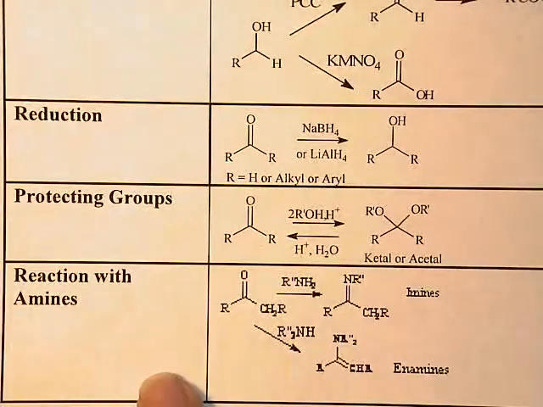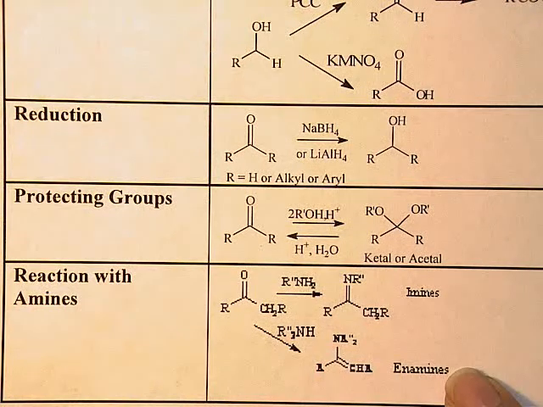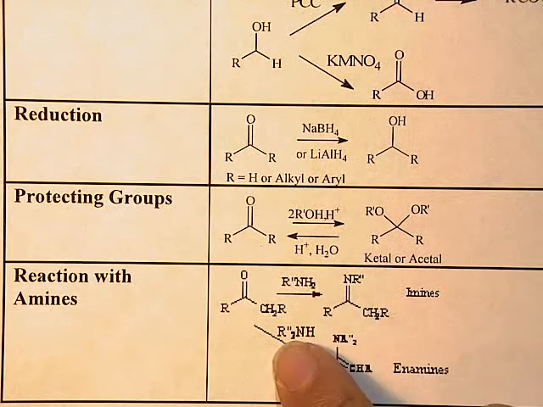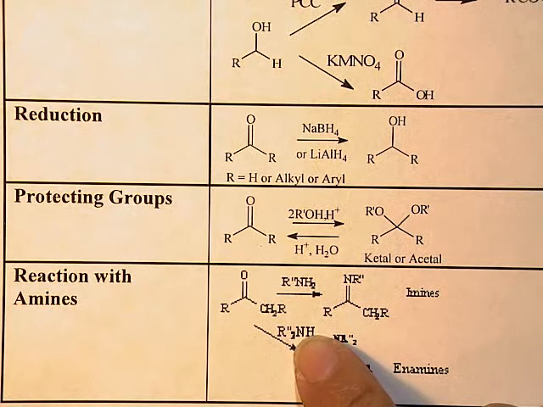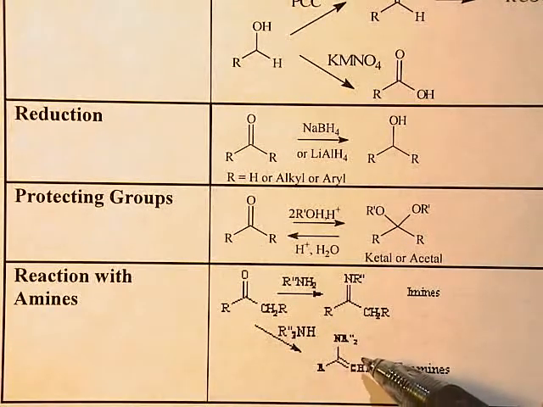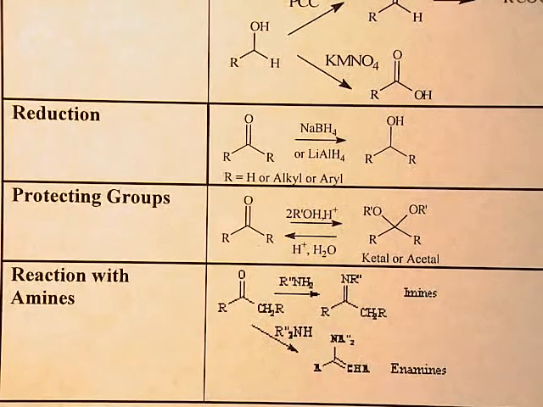And then the reaction with amines, you either get imine or enamine, depending on whether you are primary, which is indicated by RNH2, versus secondary amine, which has two R groups on the nitrogen, which means that it only has one hydrogen, so therefore it has to form the double bond with the carbon. All right, so these are the reactions that you should review.